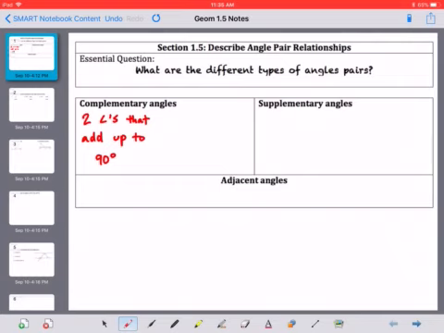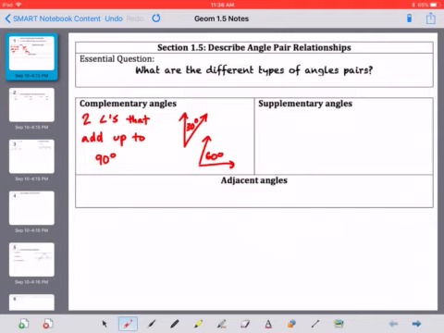For example, say we have this 30-degree angle, and over here we have a 60-degree angle. If you put those two together, they would form 90 degrees, so we say these two angles are complementary.